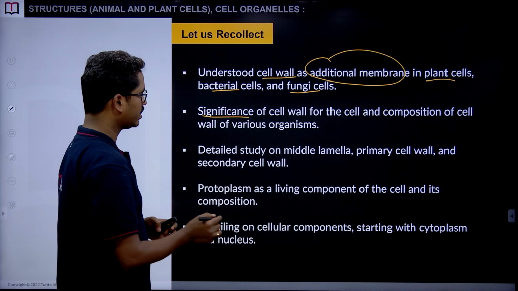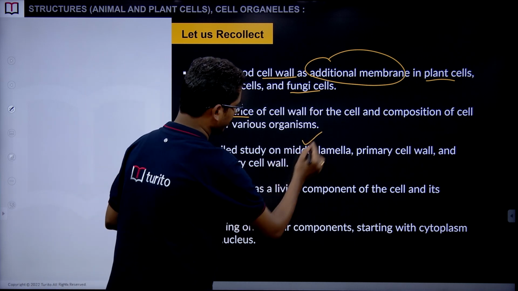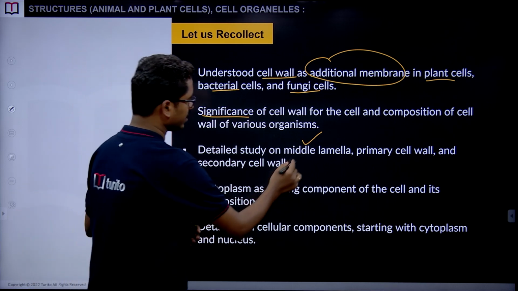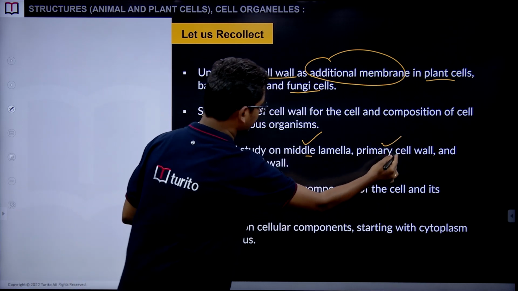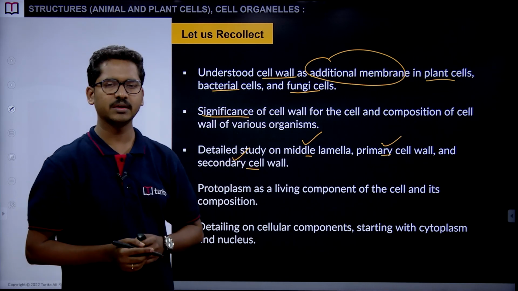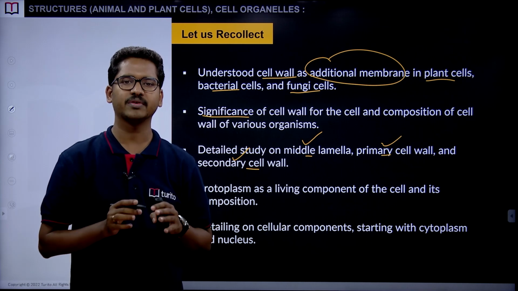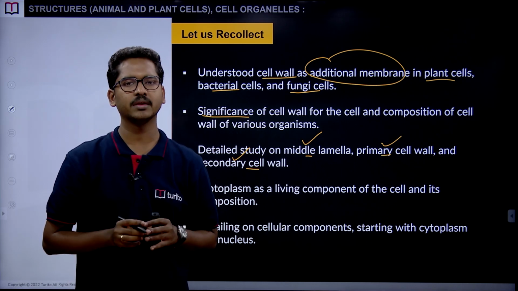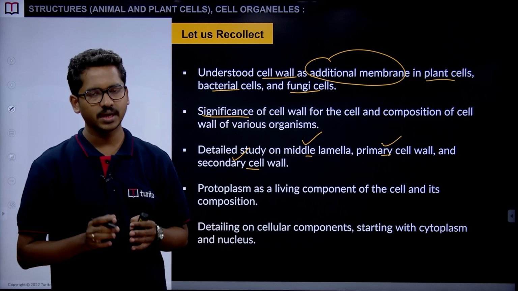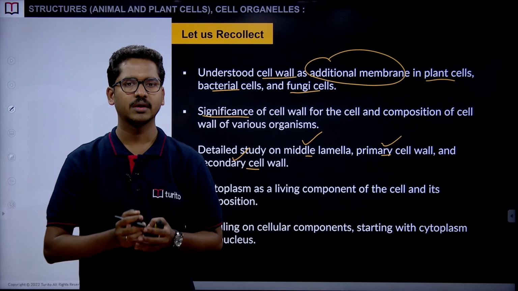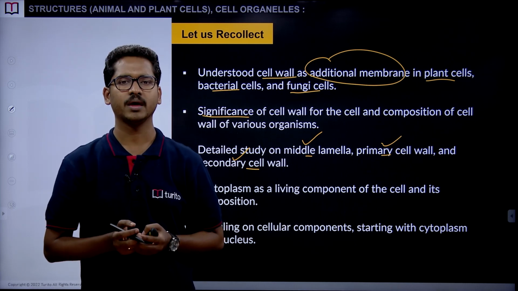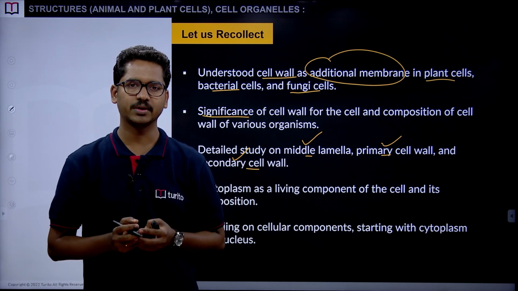Later, we tried to understand the different layers of the cell wall, where we started with the middle lamella, primary cell wall and secondary cell wall. Once done, we understood in the previous sessions that the plasma membrane and the cell wall, in the case of a plant cell, are both used to confine a dense fluid-like substance inside the cell known as protoplasm, and that protoplasm is the living component of the cell.